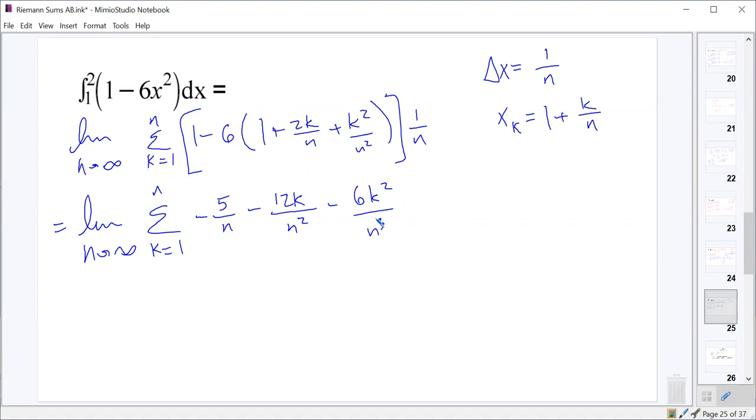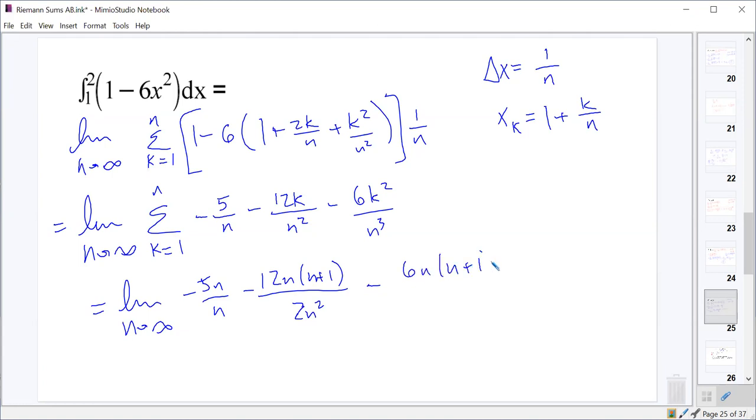And then as we do our summations, the negative 5 over n ought to just become what? Negative 5n over n. And then we get 12 times n plus 1 over 2n squared. And then minus 6 times n plus 1 times 2n plus 1 over 6n cubed.